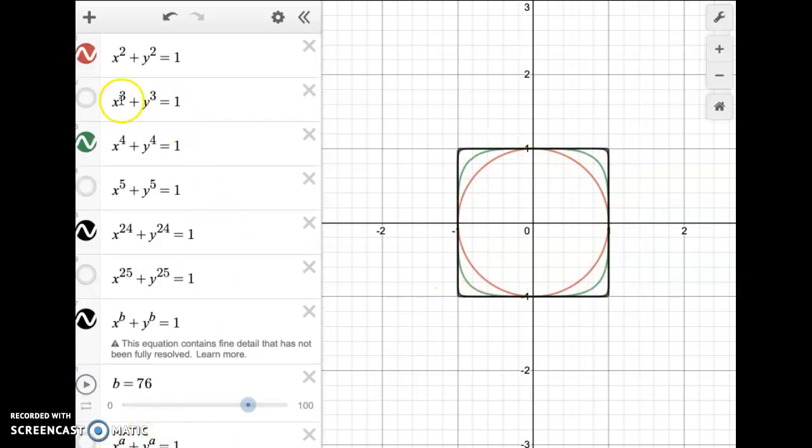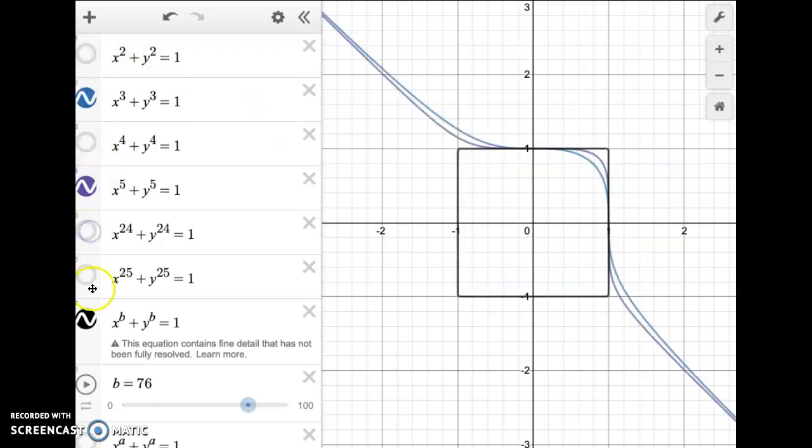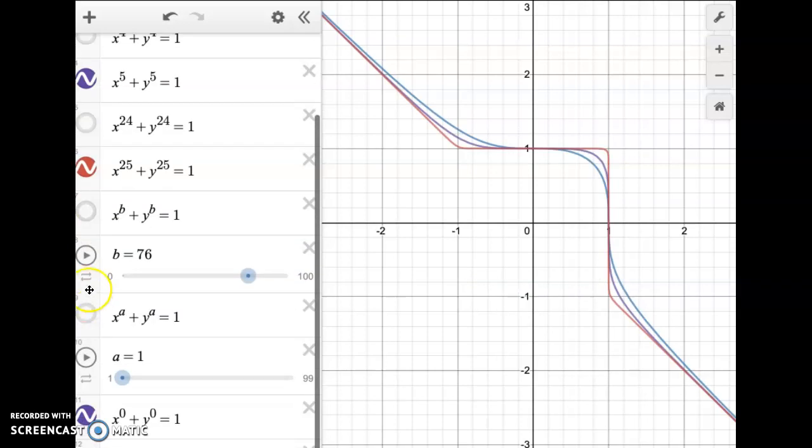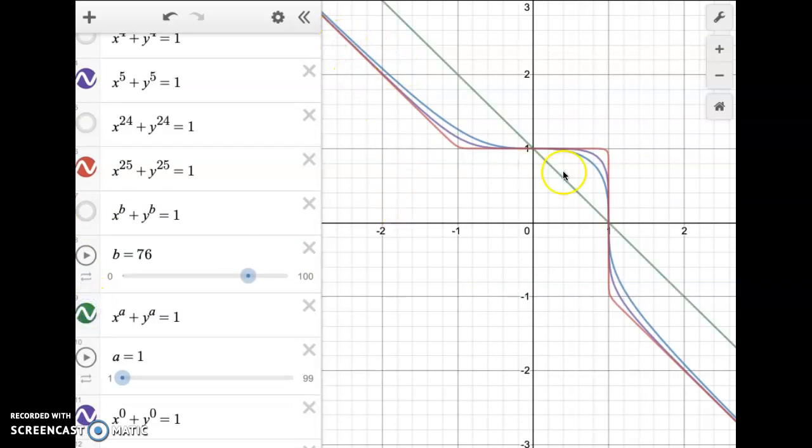We can use this thinking to further our understanding of why the odds also behave the way that they do. Looking at our exponents that are odd, we see that they create these curves, as mentioned earlier, that approach this point here, this (1, 1). When we look at the exponent of 1 here, we see that the line y equals 1 minus x is produced.